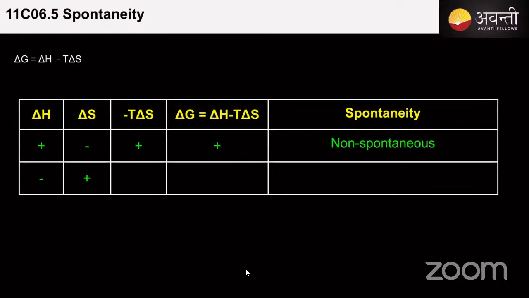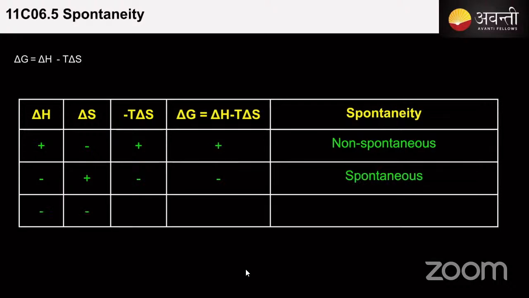Let's continue. If delta H is negative and delta S is positive, then the minus T delta S value will be negative, right? What happens to the delta G value? As both are negative, it will be negative and the reaction will be spontaneous, right? The reaction will be spontaneous.